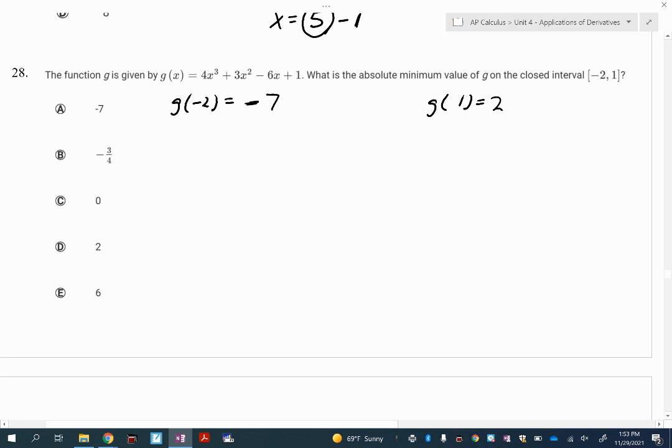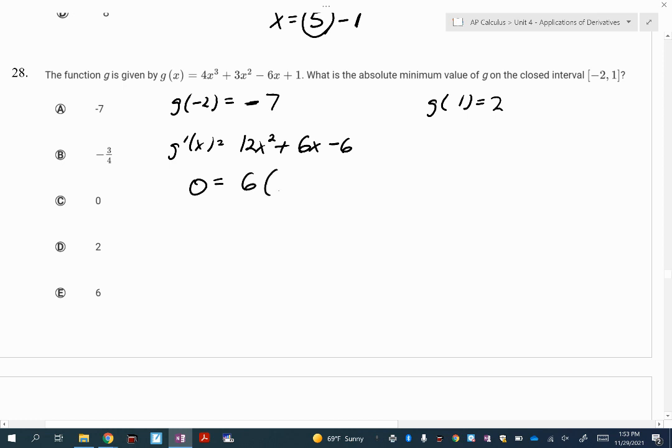Okay, so now I'm going to find the derivative of this g of x function. So g prime of x is 12x squared plus 6x minus 6. Again, it's a quadratic trinomial. Don't need to worry about anything being undefined, but I'm going to factor it to get 2x squared plus x minus 1. The 6 you can just ignore.